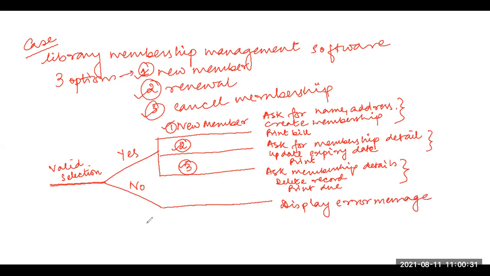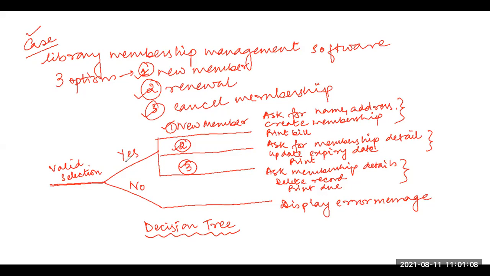So this is the decision tree for this case study example which I was explaining. This is how you will draw the decision tree, right? The internal nodes represent the conditions, and the edges of the tree correspond to the outcome of the corresponding conditions.